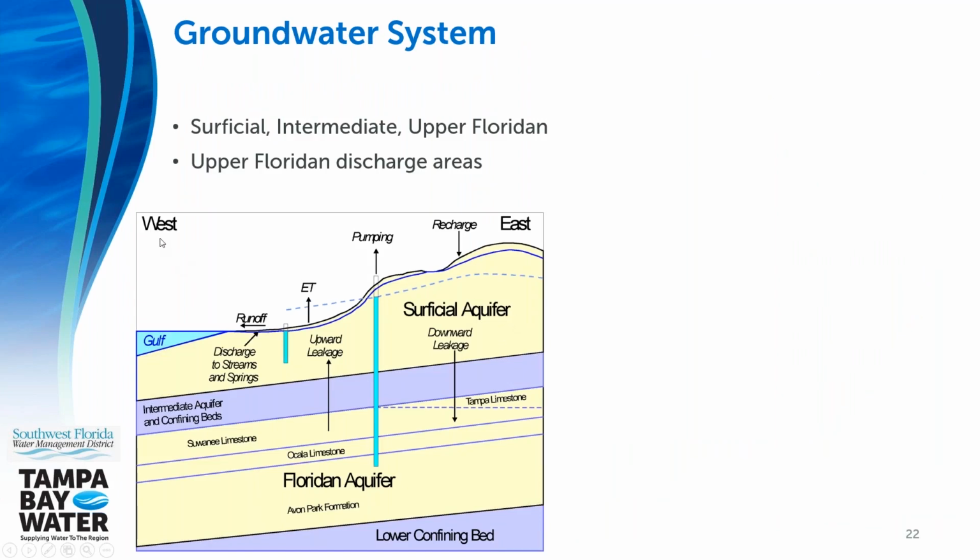The groundwater system transect here shows, from the west, the Gulf of Mexico, to the east, down the spine of the middle of Florida, that there are 3 dominant hydrostratigraphic units: the surficial aquifer at the top, the intermediate confining unit or aquifer in the middle, and the Floridan aquifer, the upper Floridan aquifer, at the bottom.